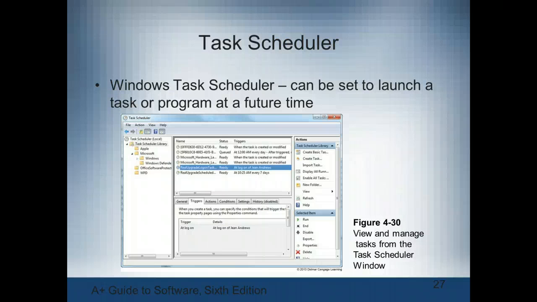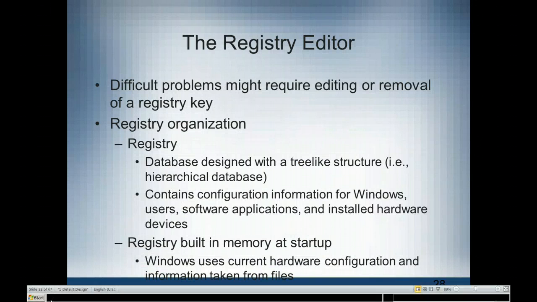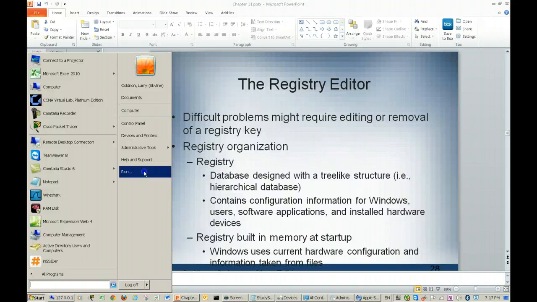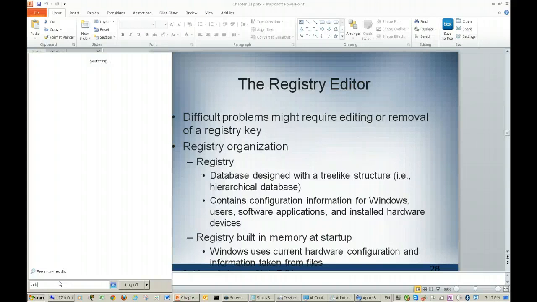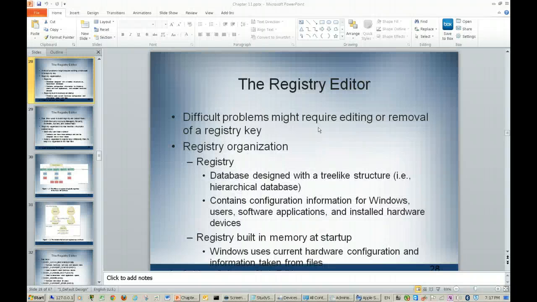Task Scheduler allows us to run certain things whenever we want to do them. Probably can just get there here. Task Scheduler. Let's see if this one is still mad at me.